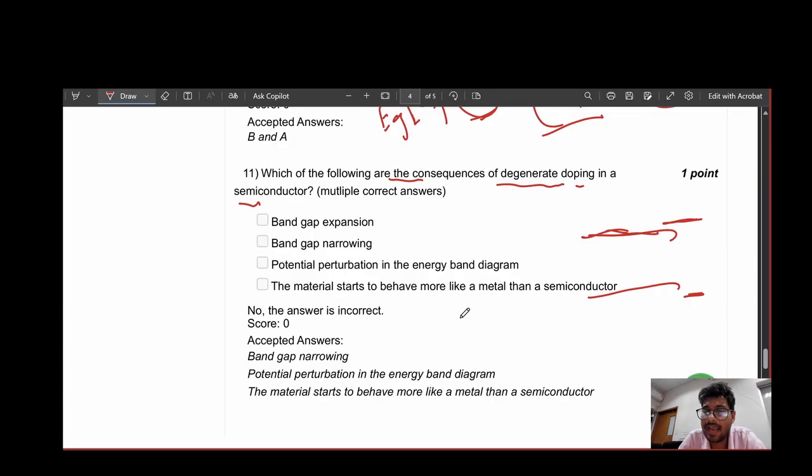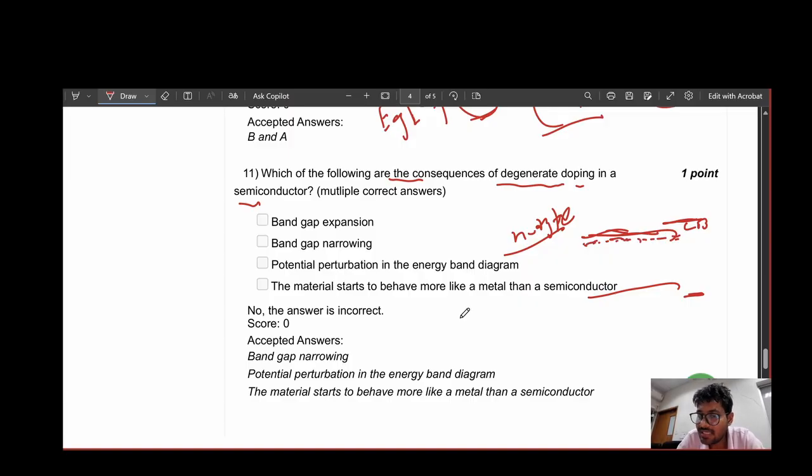Let us say it is N-type doping. When you dope the semiconductor, a donor level is created just below the conduction band. This is the donor level, not the Fermi level.